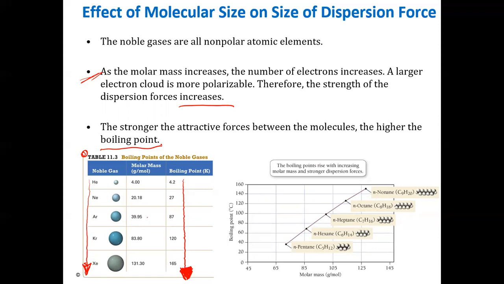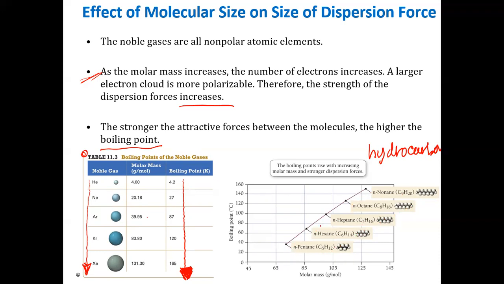Another example over here in this graph is a group of hydrocarbons. So it's just hydrogen and carbon. You see that we start with 5 carbons, 6, 7, 8, 9. So as we add more carbons, we're also adding more hydrogens. So we're increasing its molar mass.